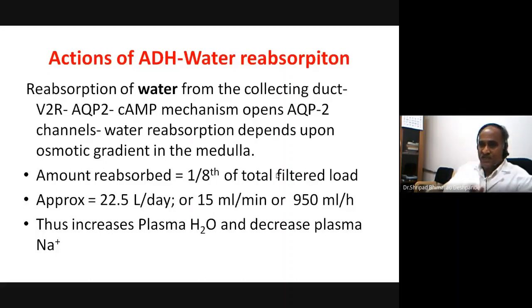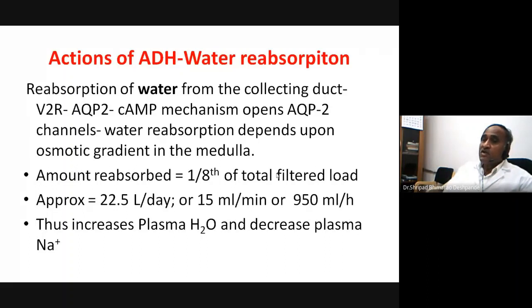That is what I mentioned. The total amount of water reabsorbed from the collecting duct by this ADH action is about 1/8 of the total filtered load. What is the filtered load of water? That is equal to the GFR.